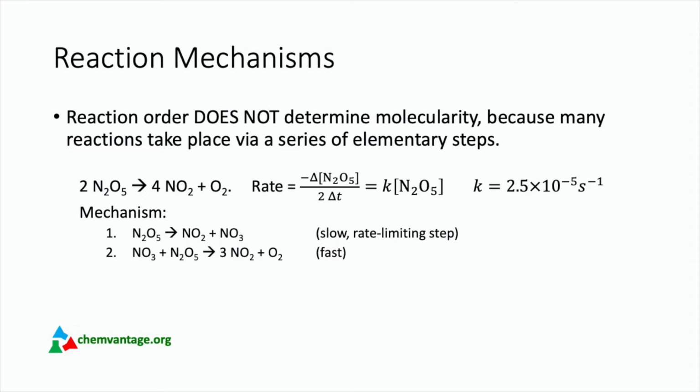The first step is slow compared with the second one, so the overall reaction rate is limited by this slow unimolecular breaking of one of the NO bonds to the central O atom in N2O5. But even though the overall kinetics are first order, the reaction is not unimolecular because more than one reaction step is required. We will consider other more complicated types of reaction mechanisms in a companion video.